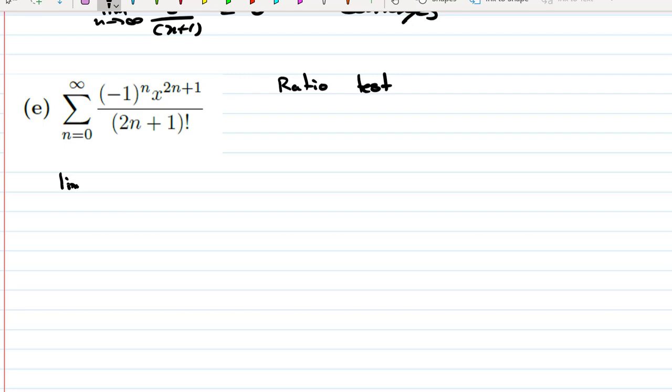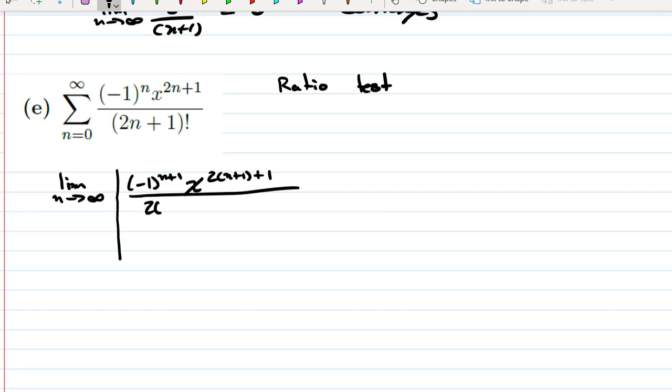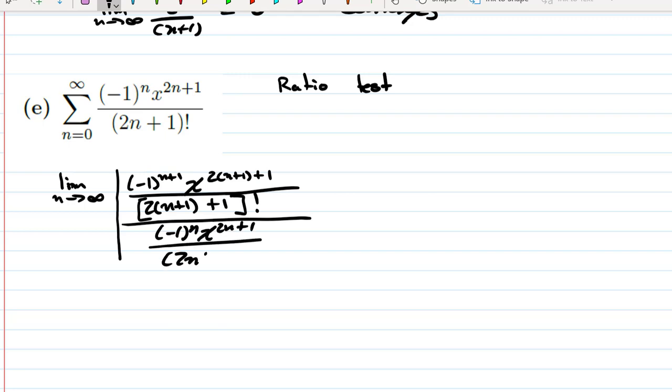So we're going to start with the limit as n goes to infinity of (-1) to the n plus 1, x to the 2 times (n plus 1) plus 1, all over (2 times (n plus 1) plus 1) factorial, all over (-1) to the n, x to the 2n plus 1, all over (2n plus 1) factorial.